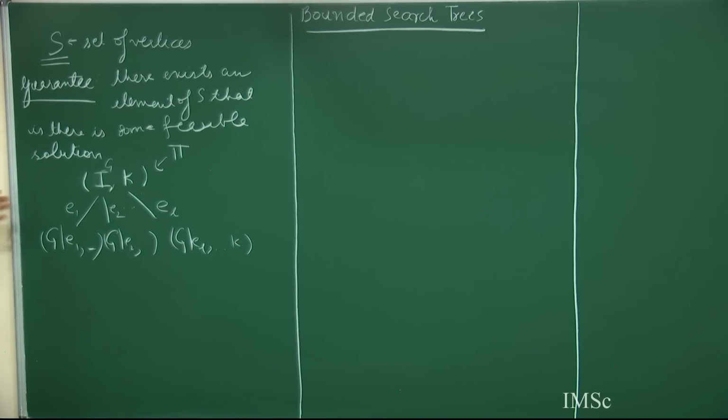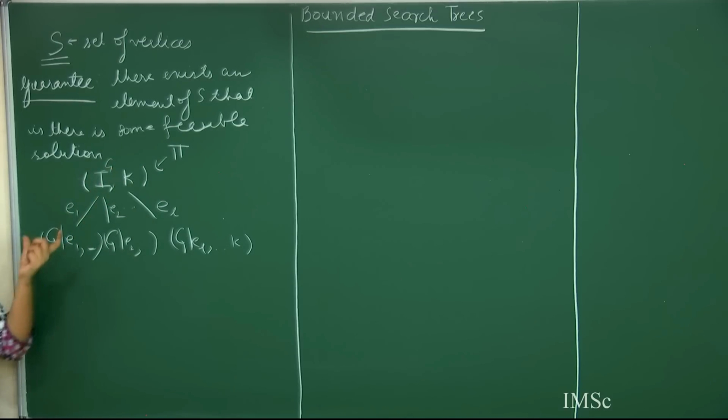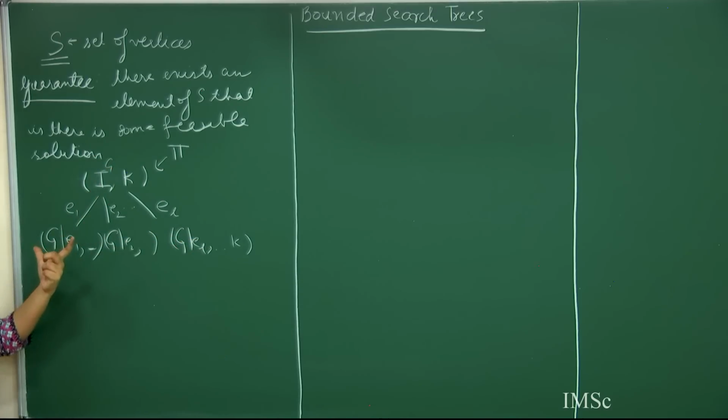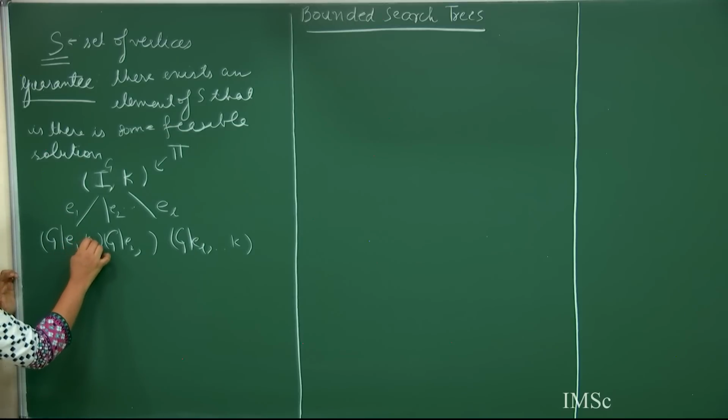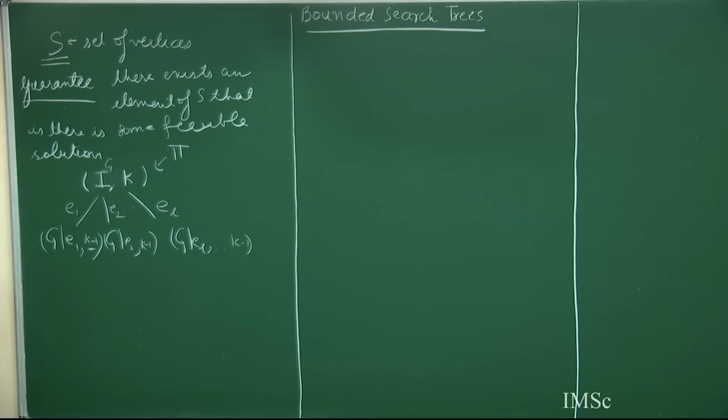Okay. And because I know that there is an element in S that is definitely there in some feasible solution, I know that if this was a yes instance to the problem, one of these will be a yes instance to the problem where I've removed that element and I've decreased the budget by 1. Okay. Again, what is it?